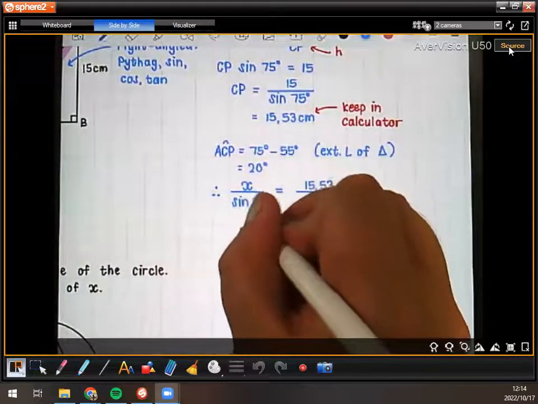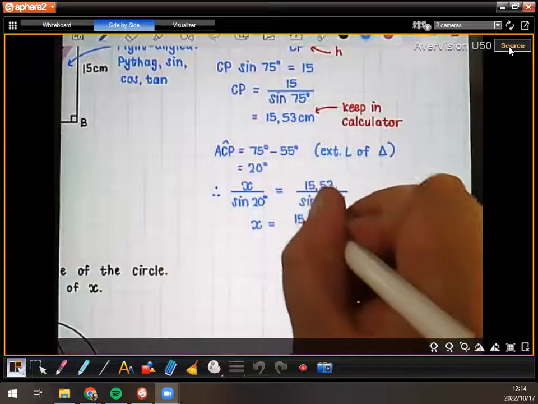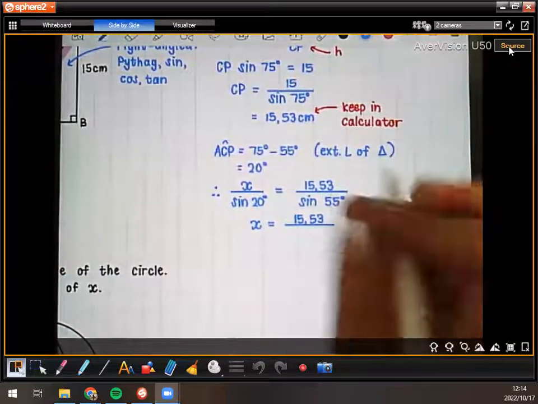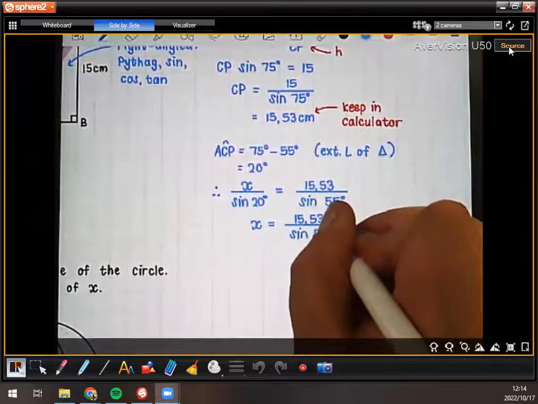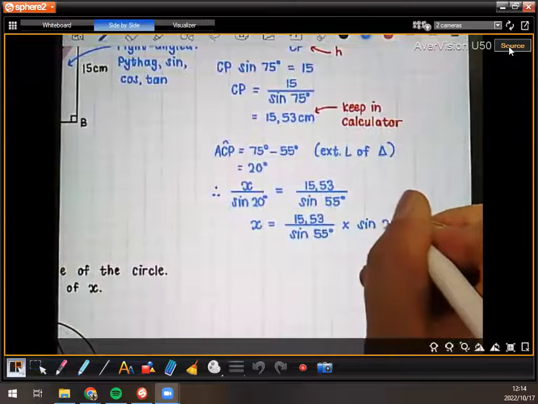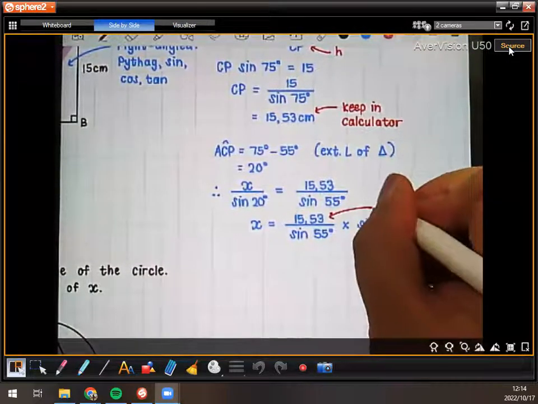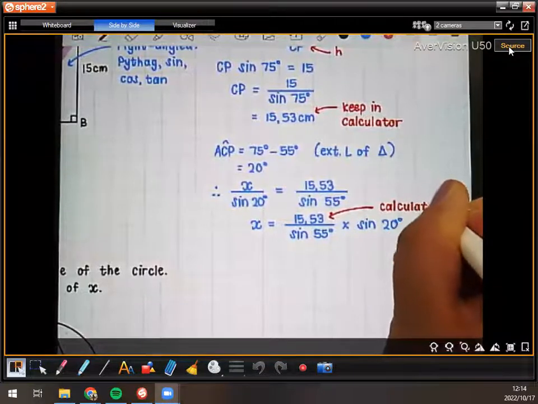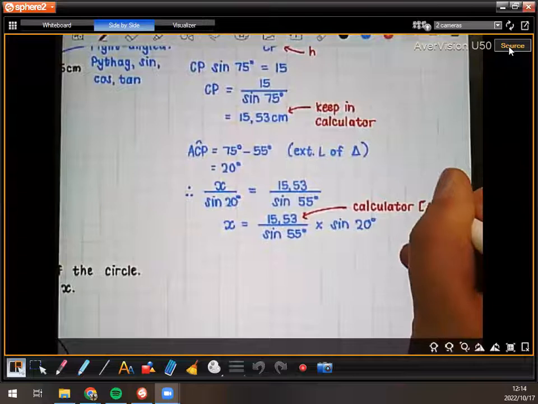Right, to get x on its own, we need to take this fraction and multiply it by sine 20. And remember, guys, this 15,53 is still from the calculator, so we could use the answer button for that.